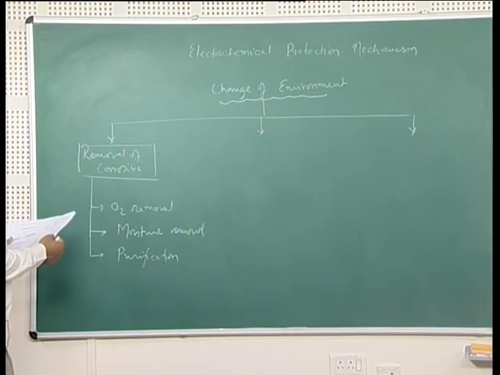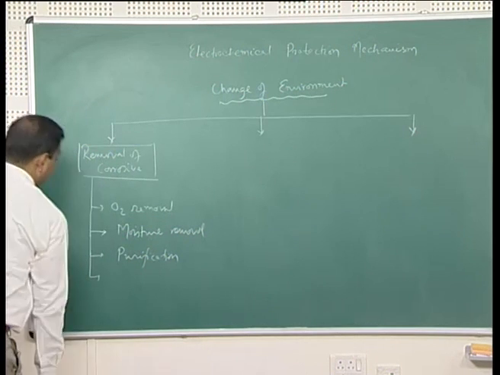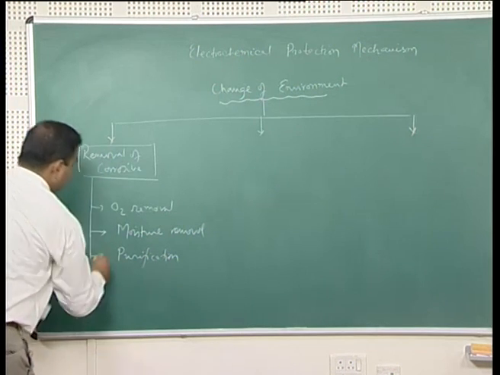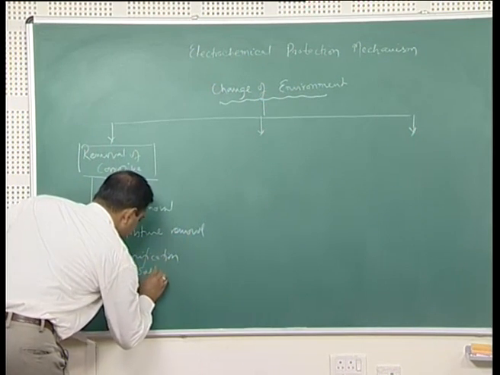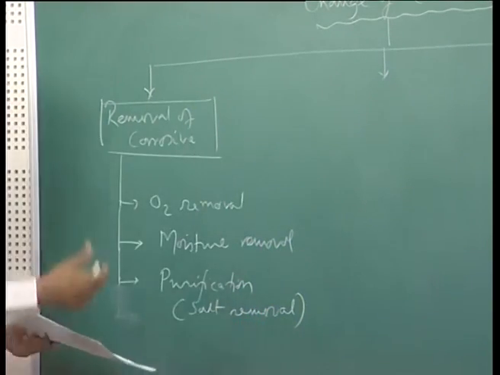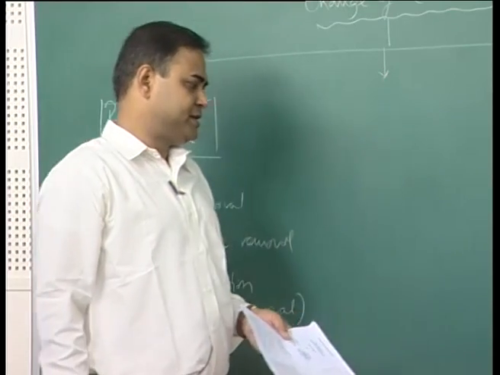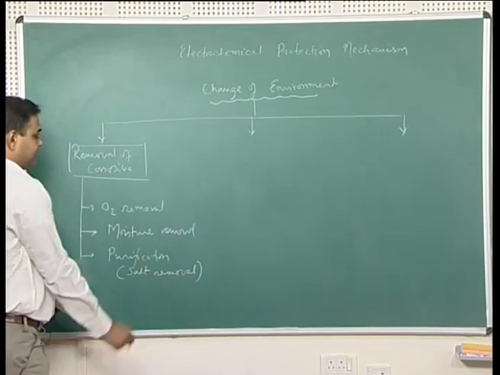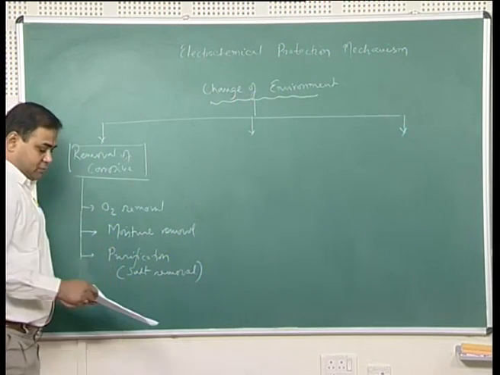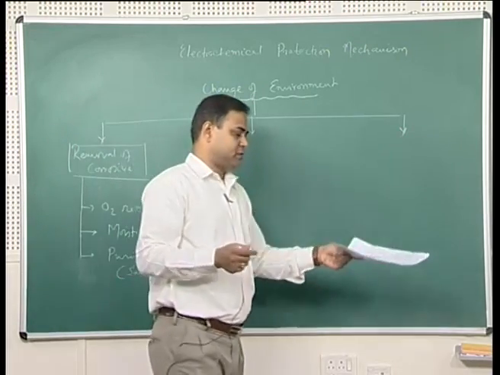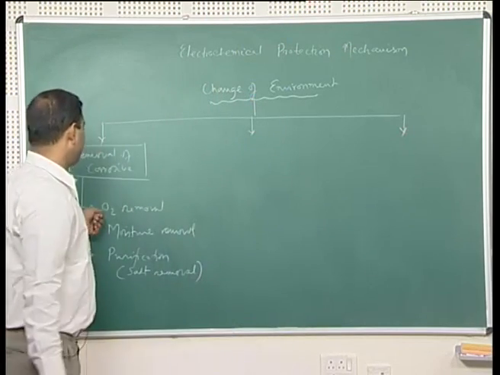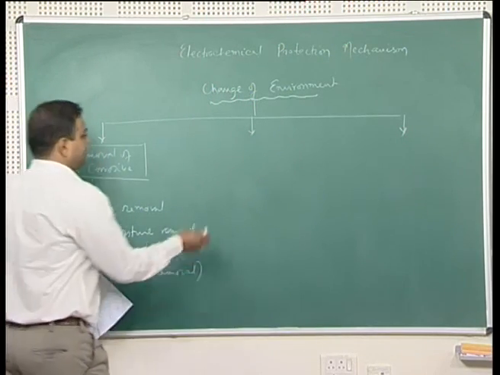And then you can also have one more way. Under this purification you can have salt removal. If you can get rid of ferric chloride presence in HCl, the zinc corrosion rate will reduce. And moisture, let us say in a dry place or in a wet place, wherever you have moisture. Once you have moisture, if you have oxygen, then this reaction can happen.